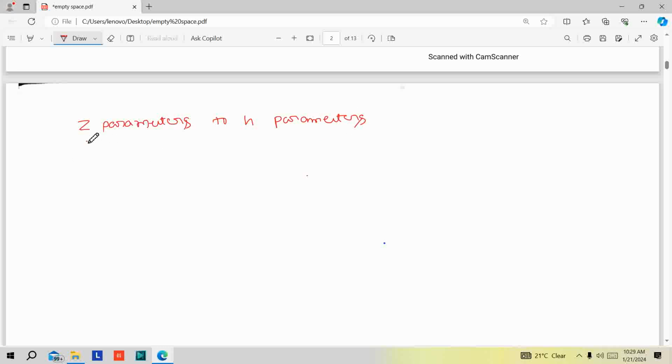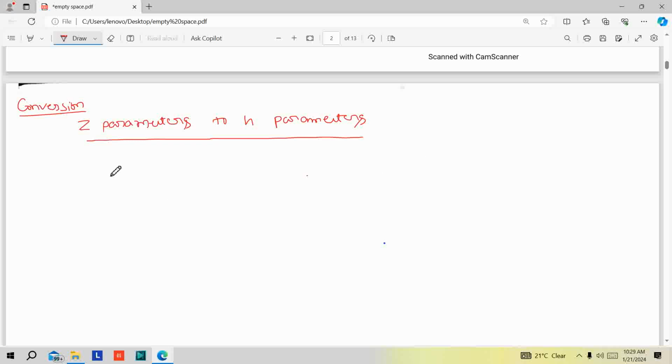Here you can use the same procedure for the remaining 9 conversions, correct? So understand the procedure here. Now, conversion of Z parameters to H parameters.